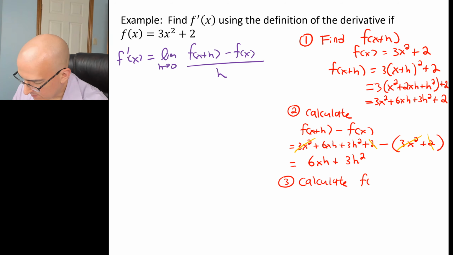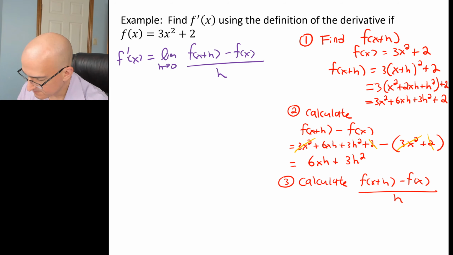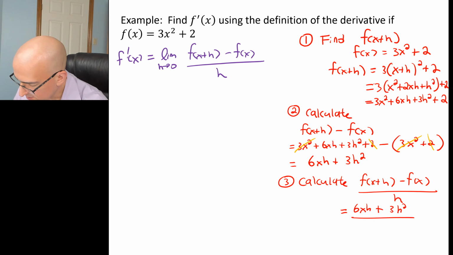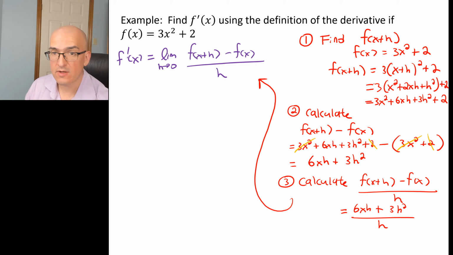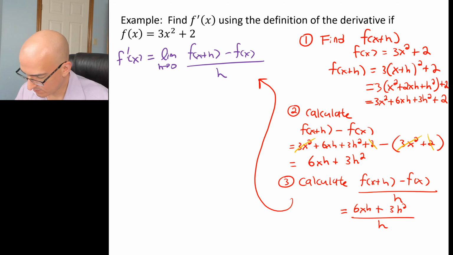Step 3, calculate f of x plus h minus f of x all over h. So 6xh plus 3h squared all over h. I'm going to continue that up here. Plug into the limit and evaluate.